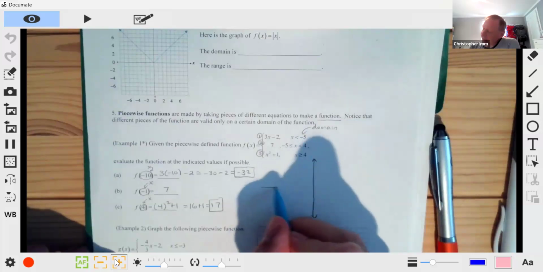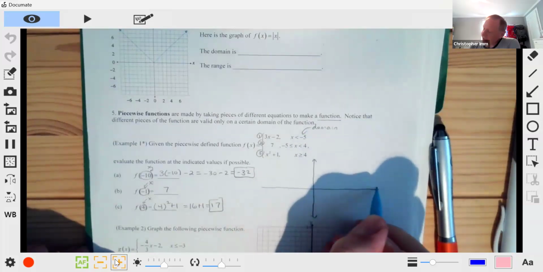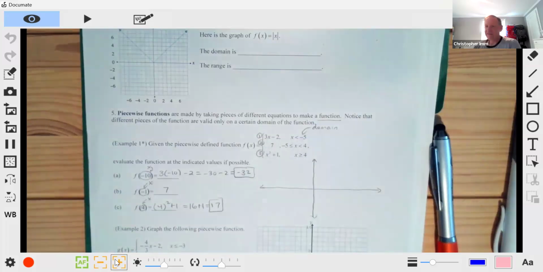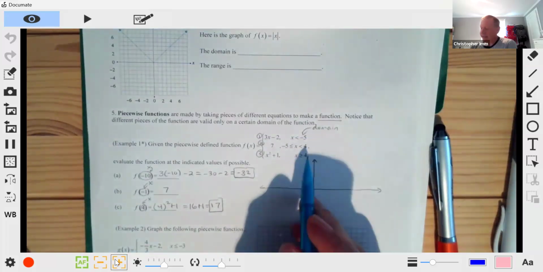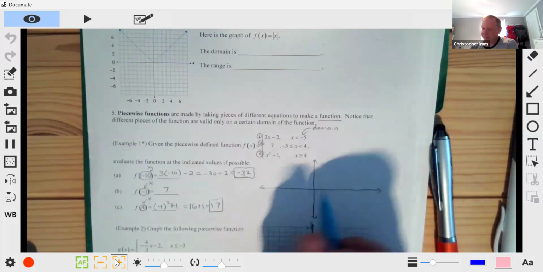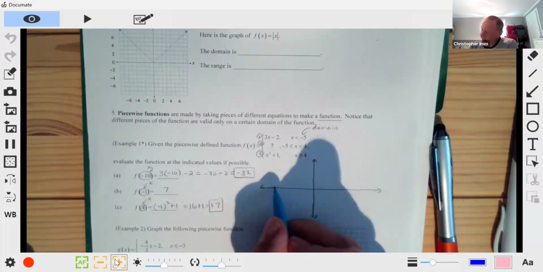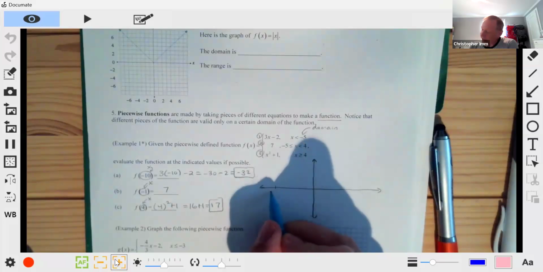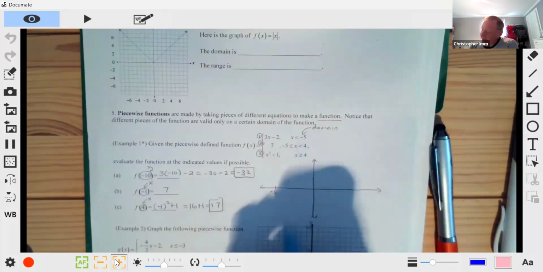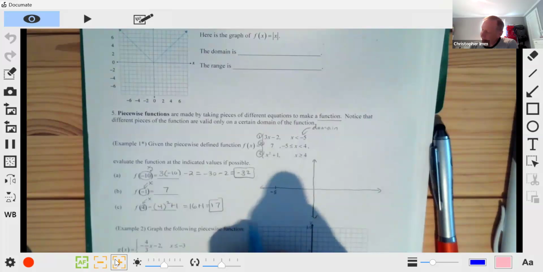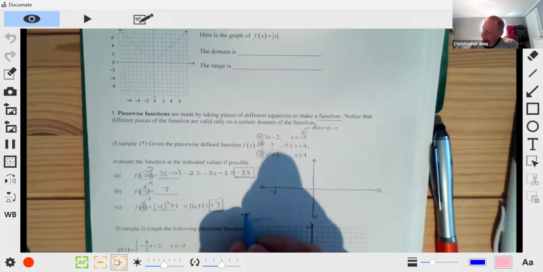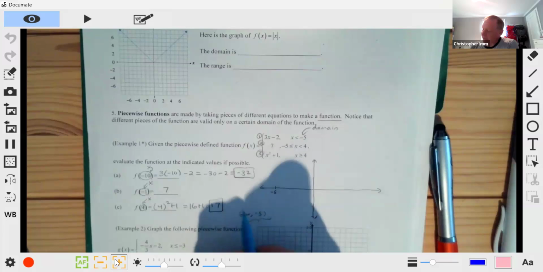And when we're plotting this one, or any piecewise defined function, this is what I usually do. I usually take this domain and list the interval that I'm going to plot it on down here. So here's my -5. From negative infinity to -5, I'm going to plot function number 1.